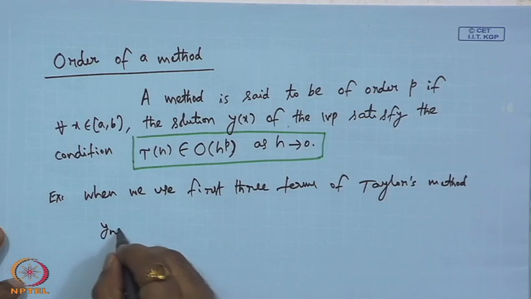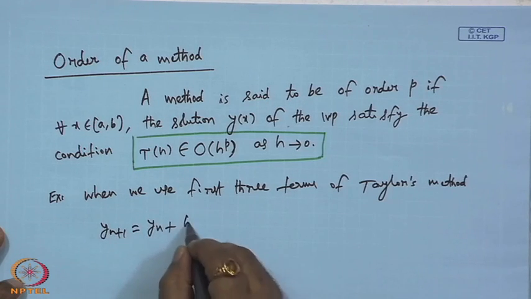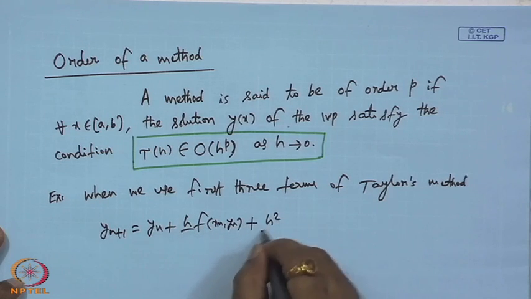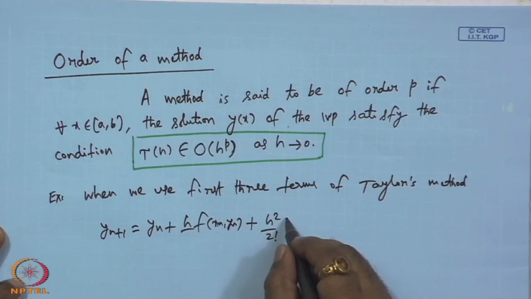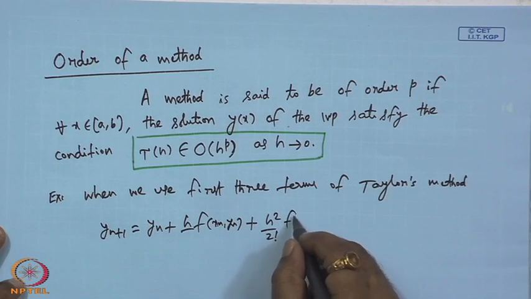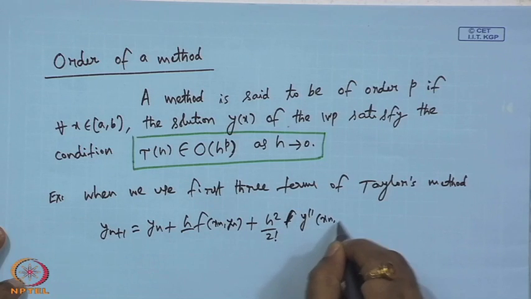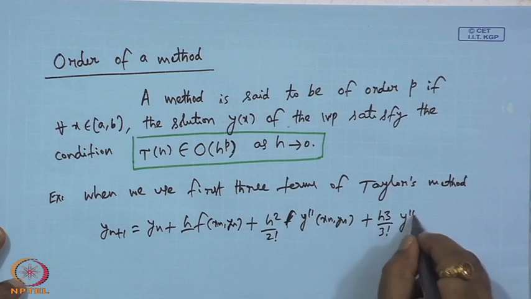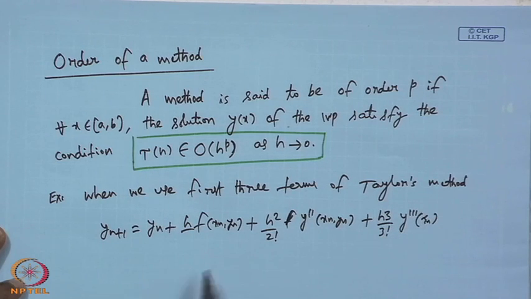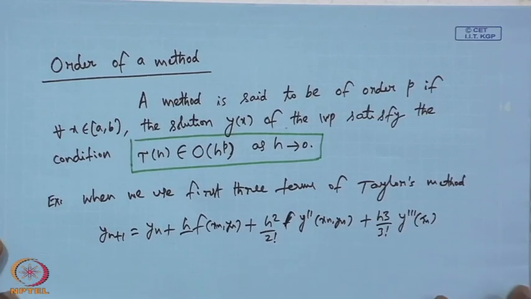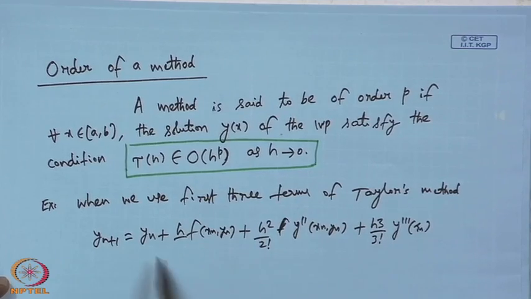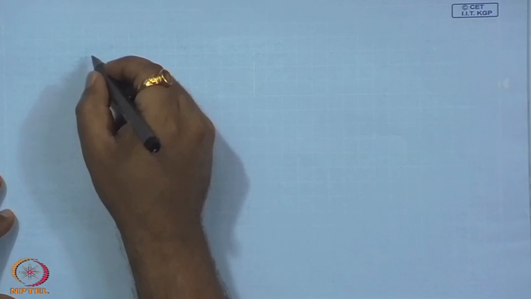So, what we would have is h, then h square by 2 factorial, we have y double prime, plus y triple prime of zeta n, right. So, if we use the first 3 terms, then the fourth term you are not using, see 1, 2, 3. So, the fourth term you are not using, right. That means you have started throwing it away.